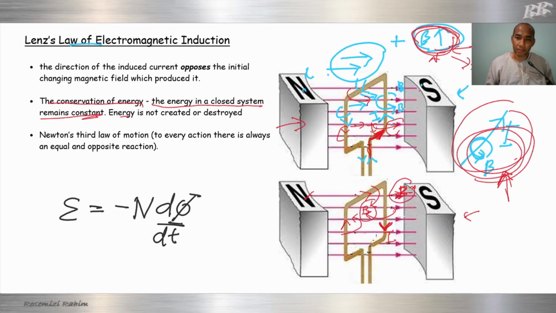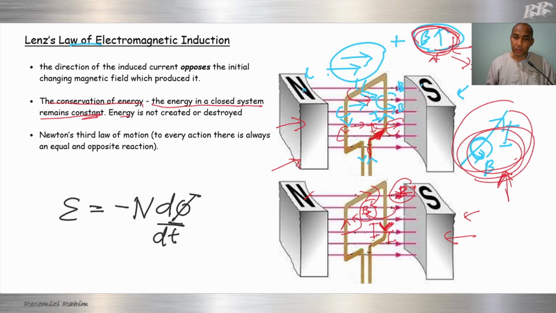This makes sense compared to the previous one, because the previous one kept on increasing. In this example, the magnetic field reduces.